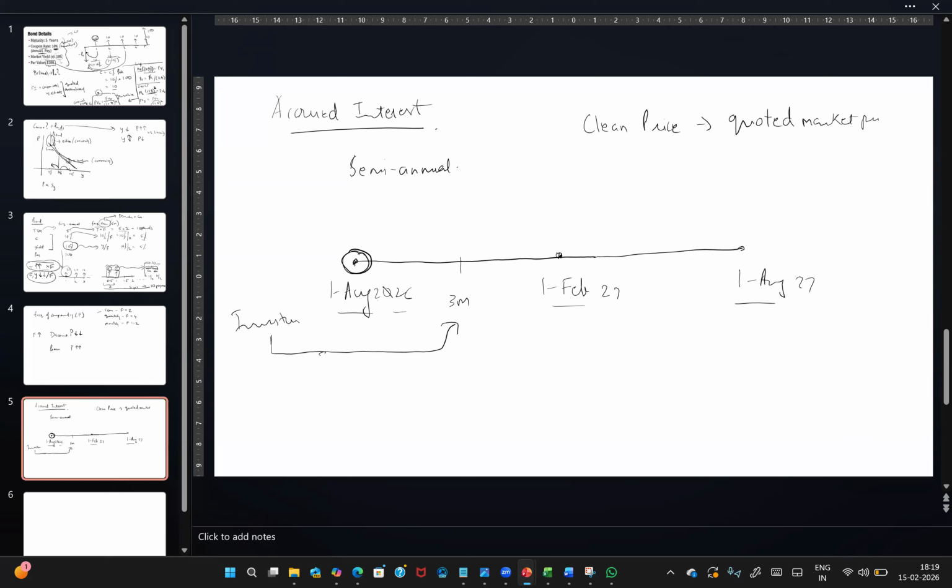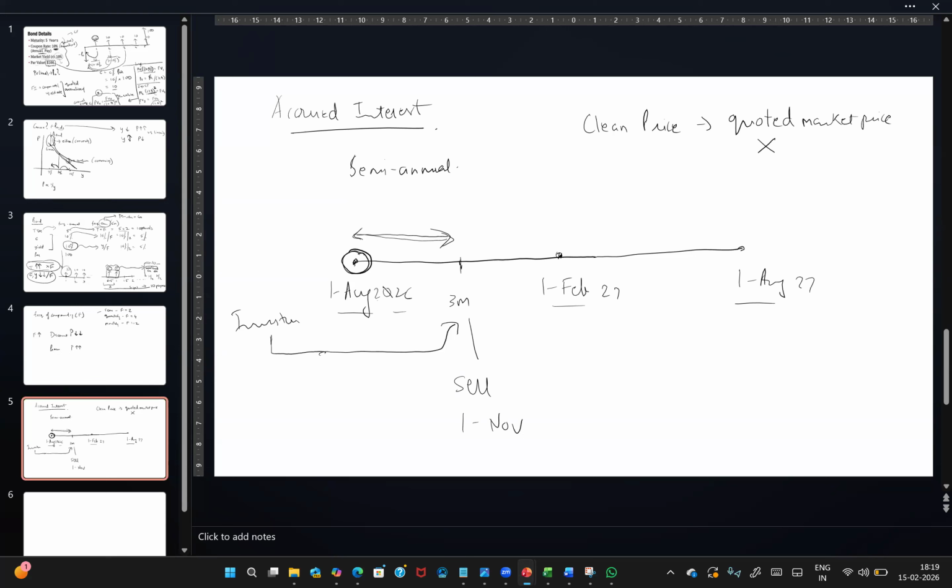This market price doesn't take into consideration that you have held the bond for 3 months. Since the investor has held the bond for 3 months, the investor is planning to sell the bond on the 1st of November.